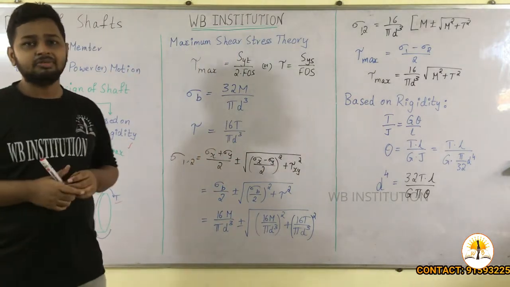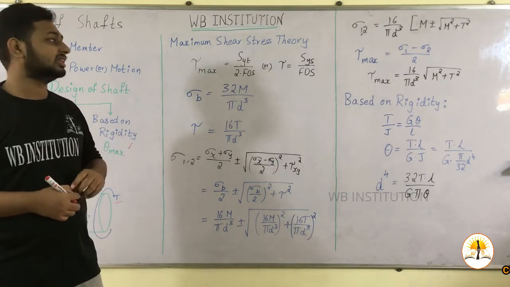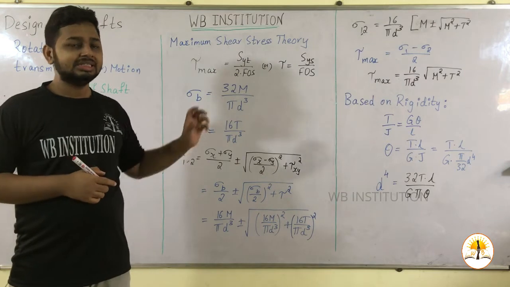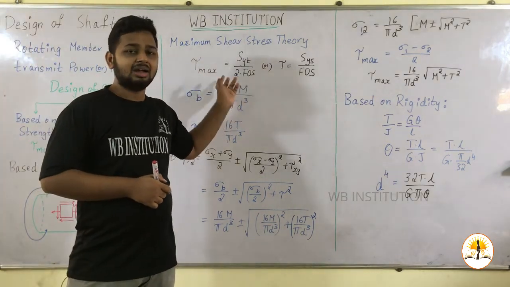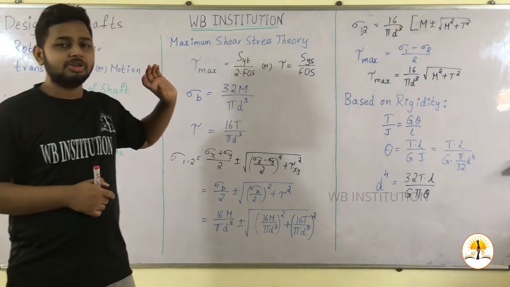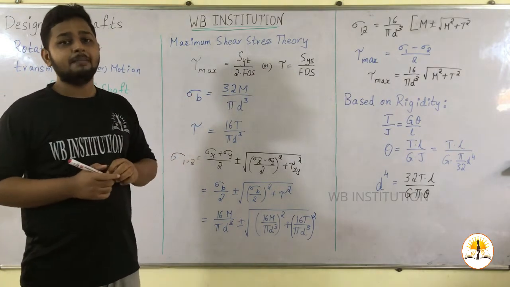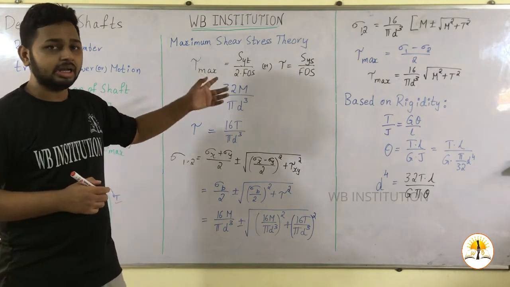Which theory of failure is used in designing shafts? That is the maximum shear stress theory. This theory is very simple and also very safe. The other theory for shear stress is the maximum distortion energy theory, but we are not going into that.